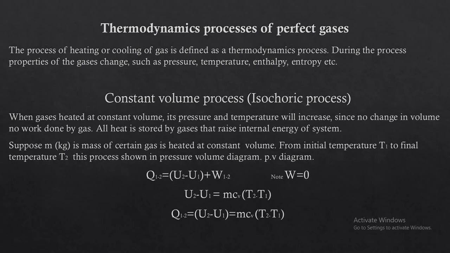Suppose m kg of a certain gas is heated at constant volume from initial temperature T1 to final temperature T2. This process is shown in the process volume diagram in the previous slide. We have the equation for heat supplied: Q1-2 equals U2, the final internal energy, minus U1, the initial internal energy, plus the work from 1 to 2, where work is 0.